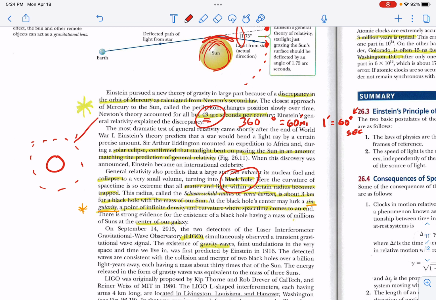If something is entering and it passes this point of no return called the Schwarzschild radius, some distance r, once you are that close to the supermassive object, the gravity is so great you cannot escape it. And of course, that's why the object appears to be black, because no light is escaping from it.